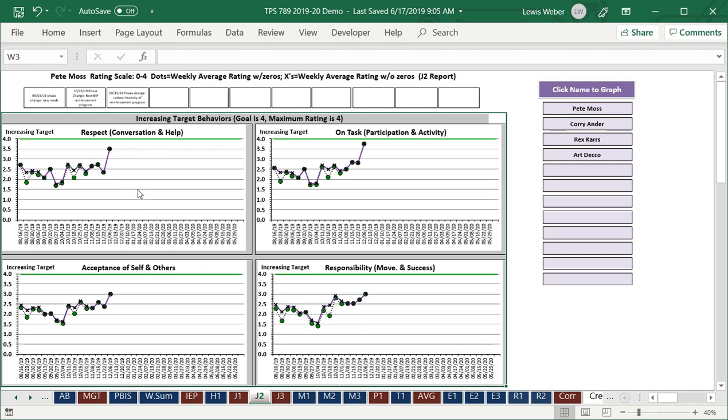Okay, so there you have it. We looked at the weekly averages. We looked at the analysis by academic block, and we looked at the D1, which is summarizing the quantity of each kind of rating, and we looked at G3.